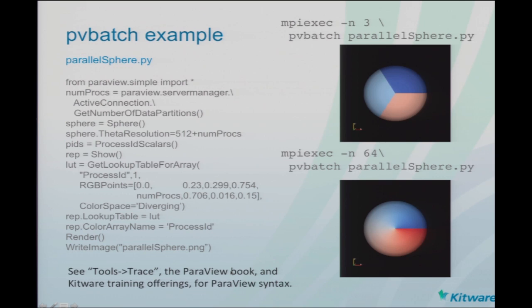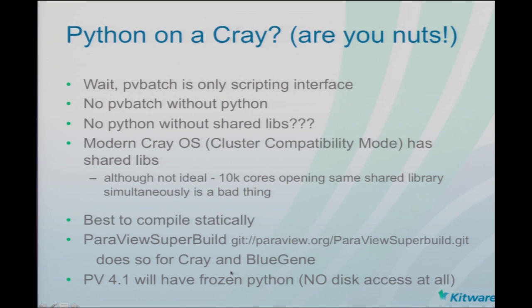So in ParaView 4.0, we're going to have the concept of frozen Python, where not just the Python extension modules, not just the C implemented Python modules, are built into the application, but all of the pure Python modules that you are likely to use in ParaView are also built into memory.